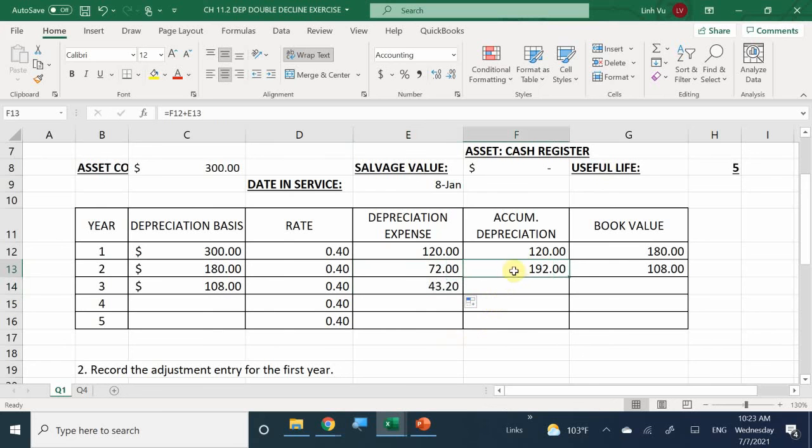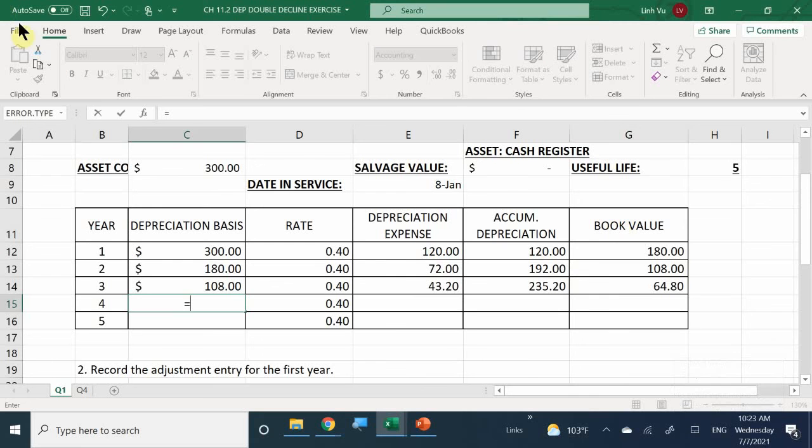Which then makes my accumulated depreciation 235.20. My book value for year 3 is going to be $64.80. So already on year 3, I'm really close to getting rid of my asset.